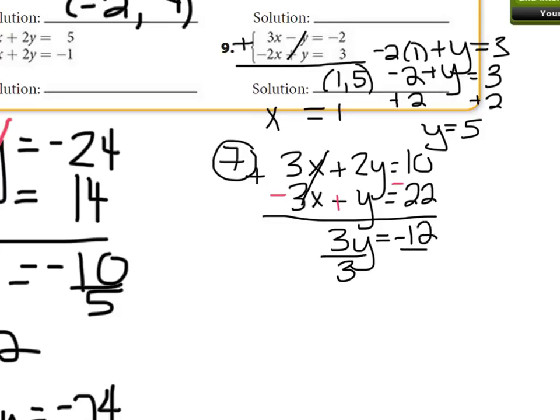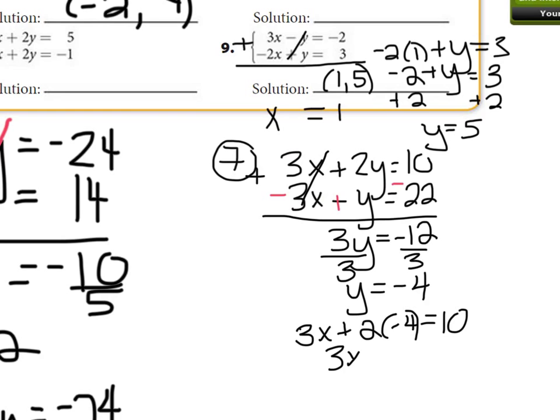Divide by 3. So y would be equal to negative 4. Once we find y, we now need to go back to find x. Remember, you want to use one of the original equations. Don't pick one that you changed. So I'm going to go with the top one. So 3x plus 2 times negative 4 equals 10.